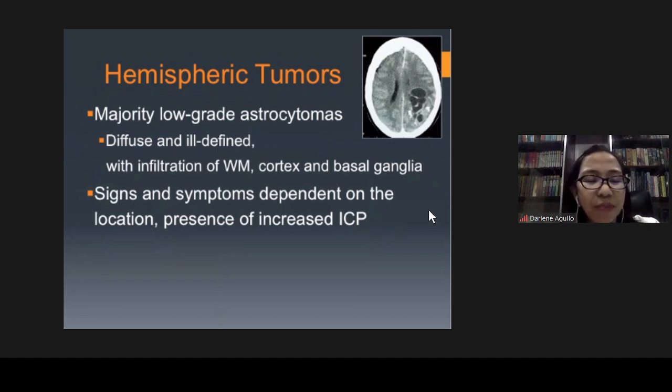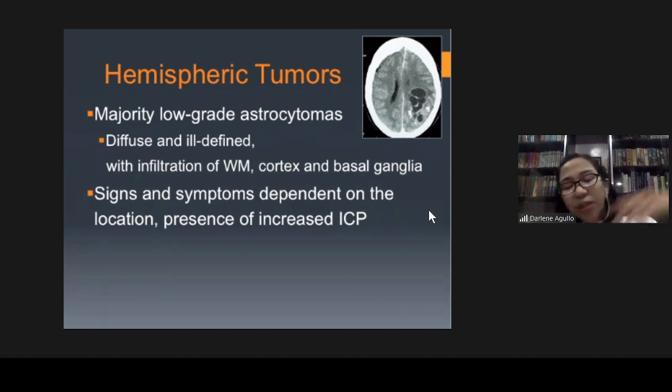Patients will manifest with signs and symptoms dependent on the location of the lesion and the presence of increased ICP. So mga persistent focal headache, one-sided headache, no? Kala mo migraine pero persistently on one side. Seizures, kung involved na yung neuron or gray matter.